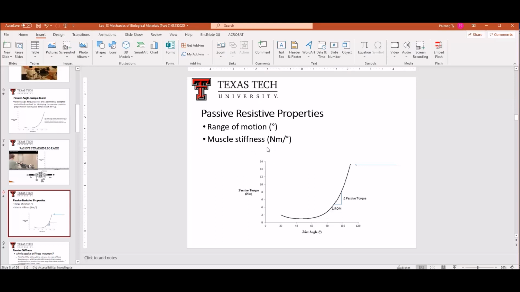Like I said, muscle stiffness is a lot more difficult to measure, as opposed to range of motion. And so what we're going to be doing in today's video is looking at the correlation, the relationship between these two variables.